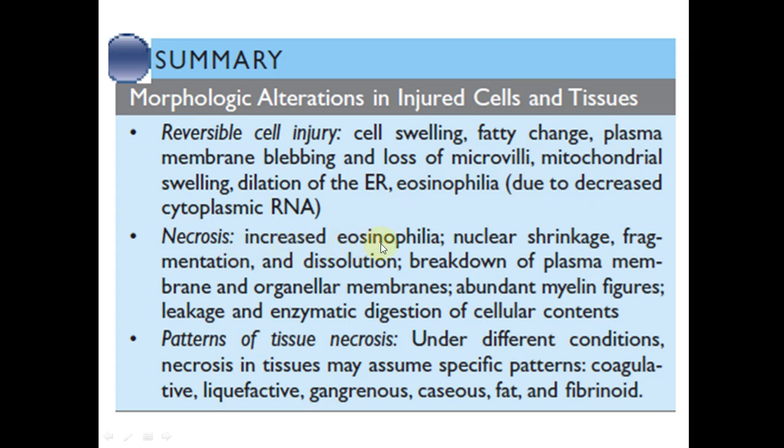In necrosis, we can see increased eosinophilia, nuclear shrinkage, and fragmentation of the pyknotic nucleus known as karyorrhexis, its dissolution, and there is breakdown of the plasma membranes and also membranes of the organelles, and there is the formation of myelin figures, which, as we discussed, are whorled masses of phospholipids along with calcium.